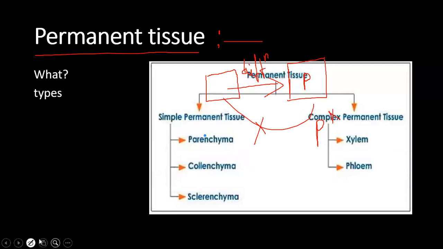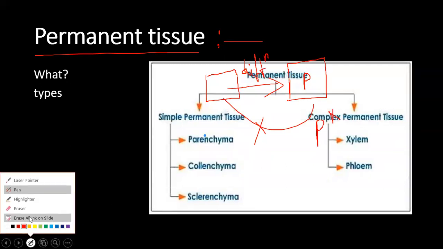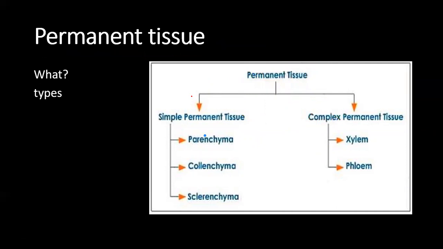There are two different types of permanent tissues, based on the types of cells they contain. On this basis there are two different types, that is simple permanent tissue and complex permanent tissue. So what is simple permanent tissue? The name itself indicates it is simple.